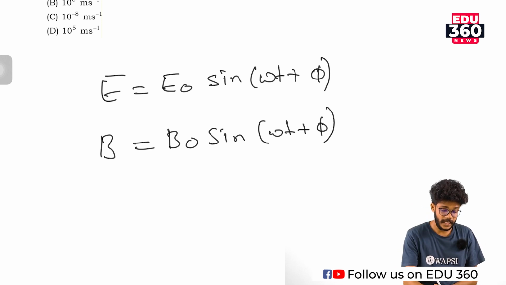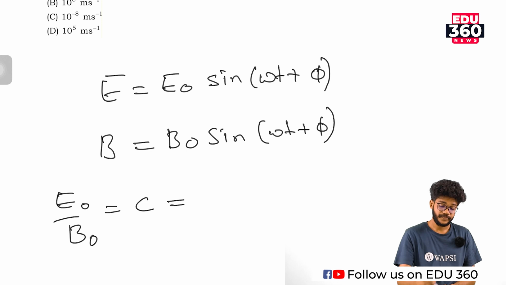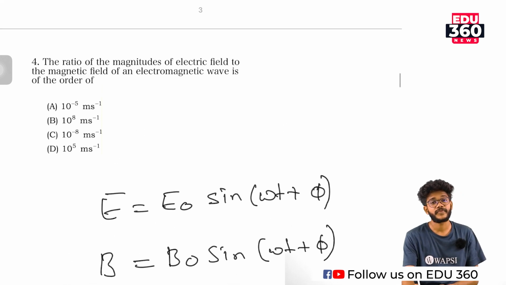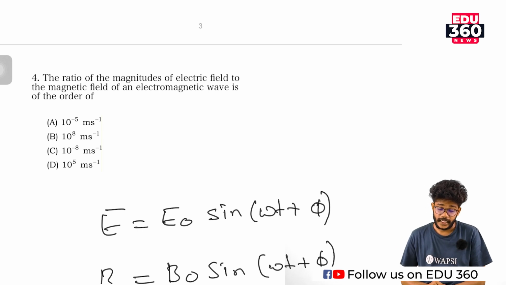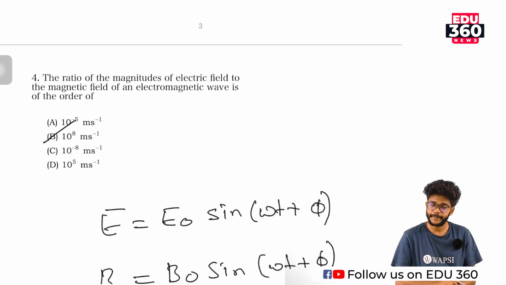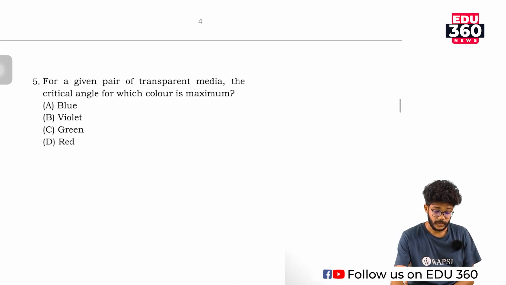E0 by B0 is equal to c. What is the value of c? 3 into 10 raised to 8 meter per second. That means the speed of light. Okay, yes. So we can move to the fifth question.